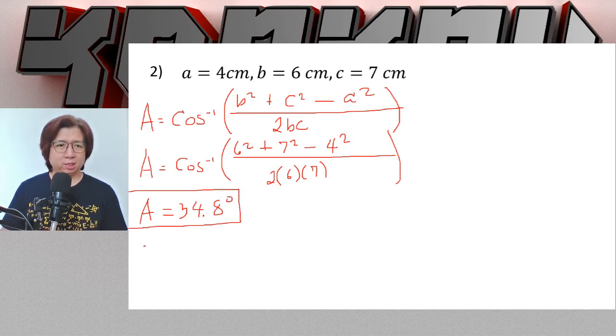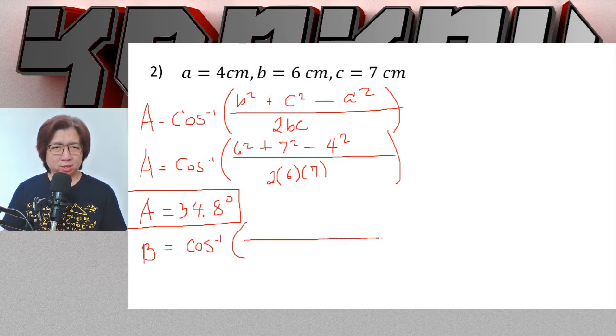Next, for angle B, I want to use only the law of cosines. Shift cosine of the quantity for angle B: side a squared plus side c squared minus side b squared, over 2 times a times c.